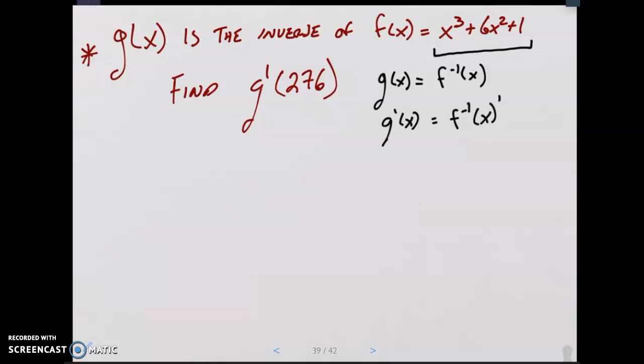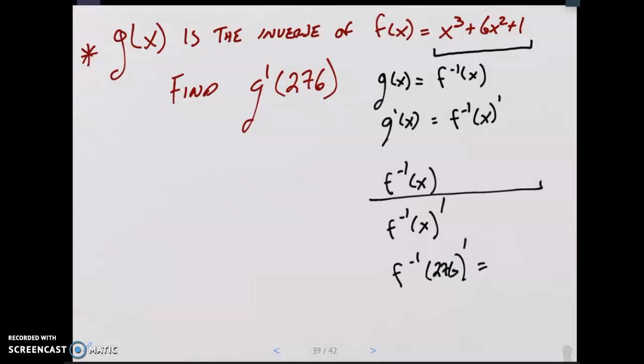If we wanted to do this using the tools that we already know, we would have to find f inverse of x, then take its derivative, and then finally plug 276 into that derivative.